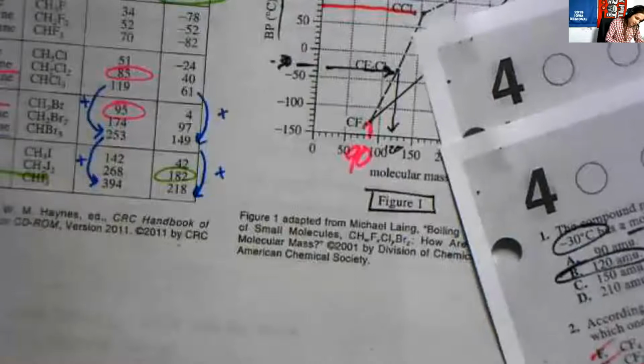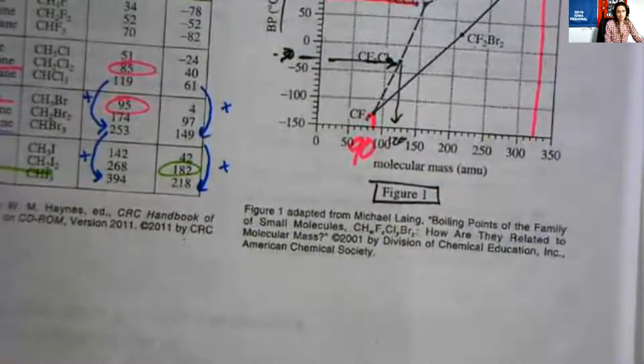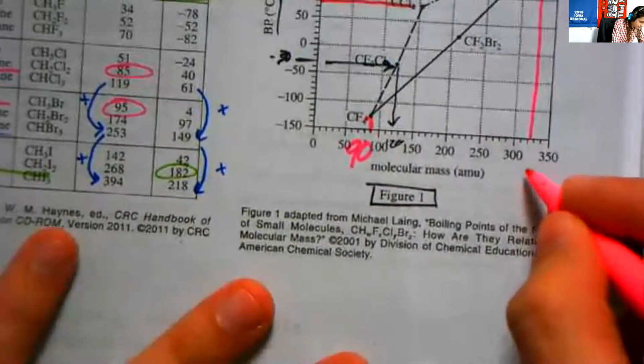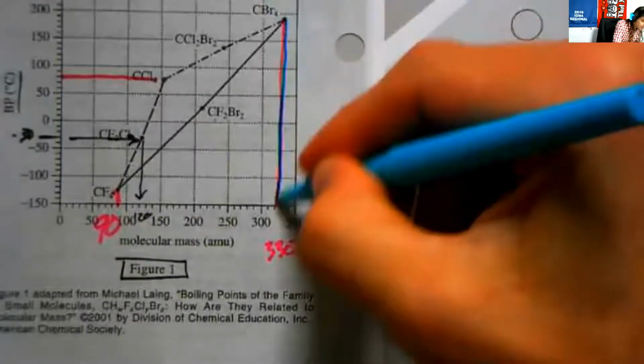We look over at Figure 1 and we look at CBr4. And what does that look like? I don't know, like 330 or something. Oh, I should have changed colors. Sorry. Changed to blue. Whatever. 330 or something. Okay. So what are we doing there? All right.